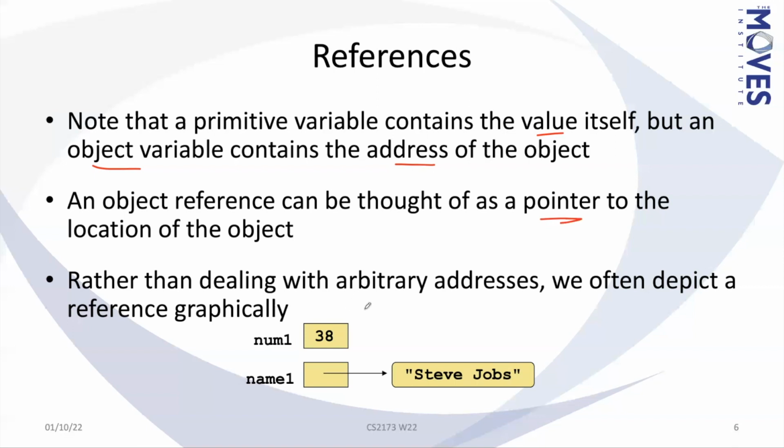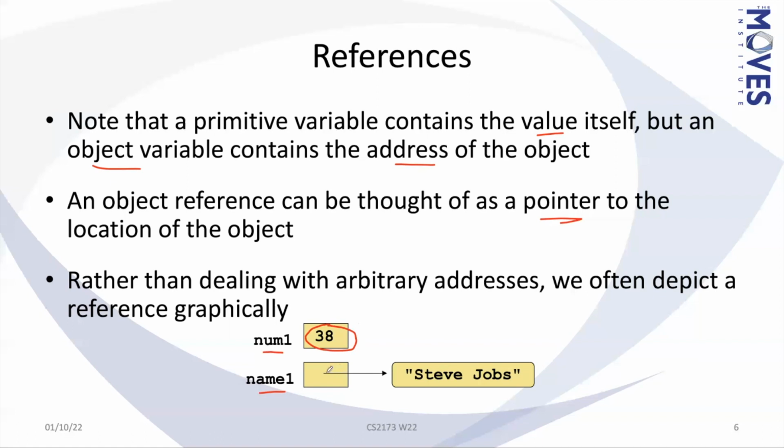Okay, so if I have an integer defined, say as num1, and I've assigned it to be 38, then somewhere in the virtual machine is a place, one word long, that holds the number 38. On the other hand, here's a string called name1. The contents of that string is a string of characters, in this case Steve Jobs.